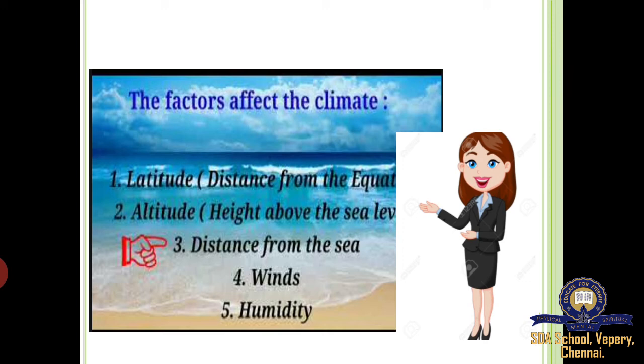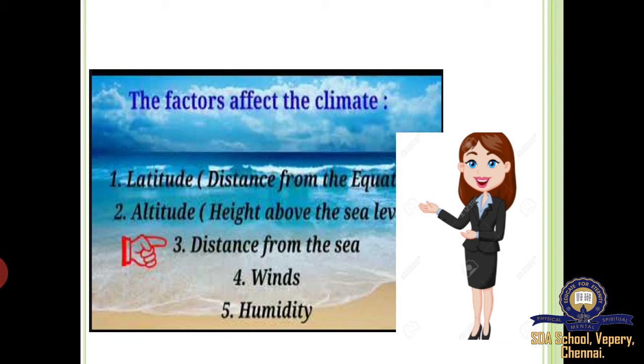And the second factor is altitude, the height above sea level. The altitude of a place also affects the climate. Most peaks in the Himalayas are covered with snow and ice even during summers.